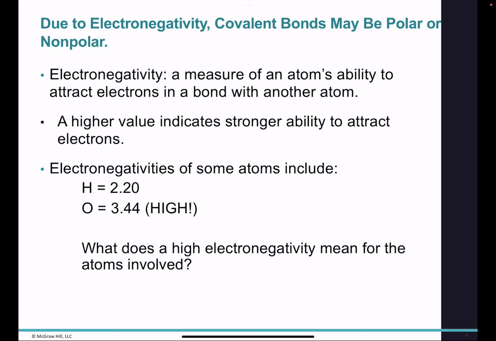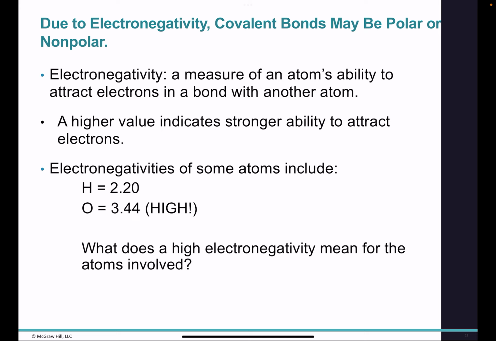There are two types of covalent bonds, and the type of covalent bond that is going to form depends on how strong the attraction is between the atomic nucleus and the electrons that are surrounding that nucleus. We call this electronegativity.